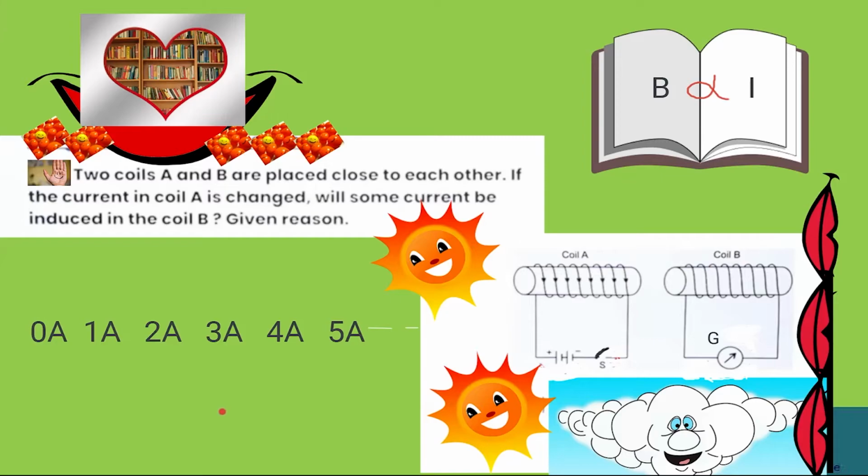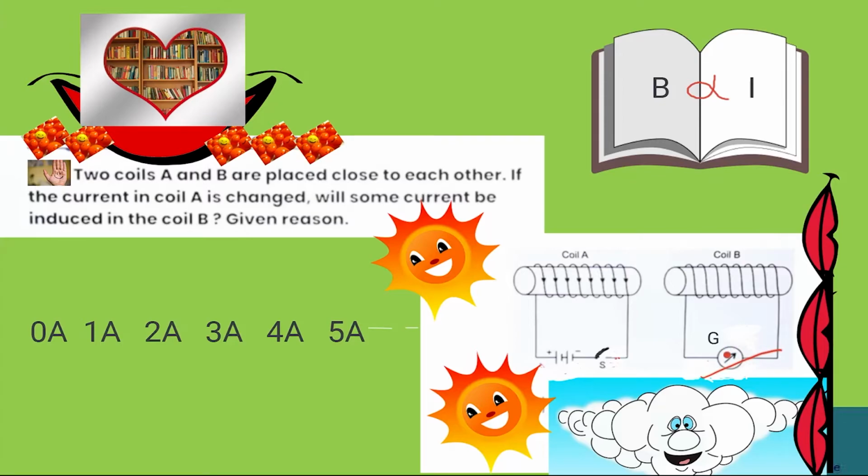Am I clear, children? So that means the current is becoming less and lesser when the circuit was incomplete. And that is why it was showing deflection momentarily, and then immediately afterwards it became straight. That means 0 showing in the galvanometer deflection.